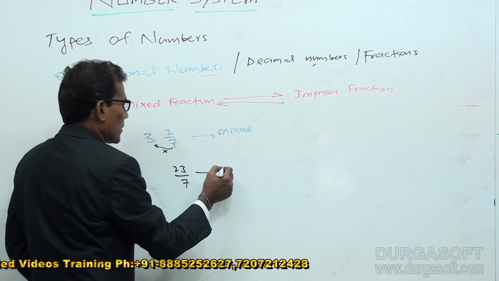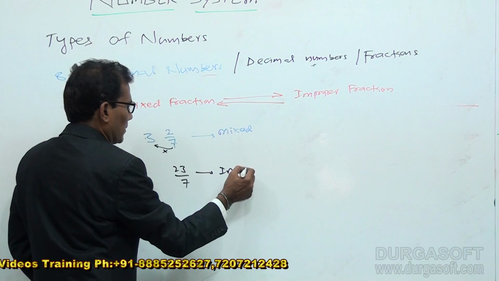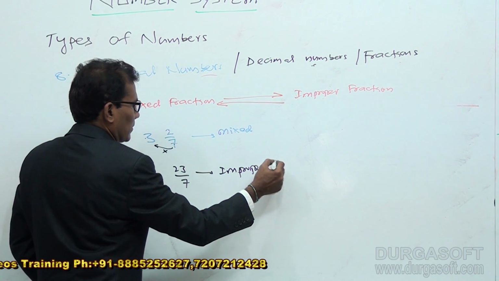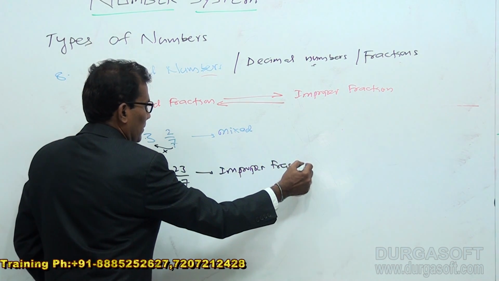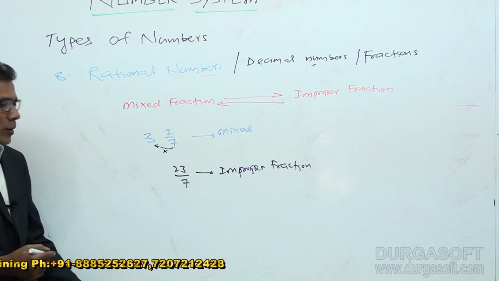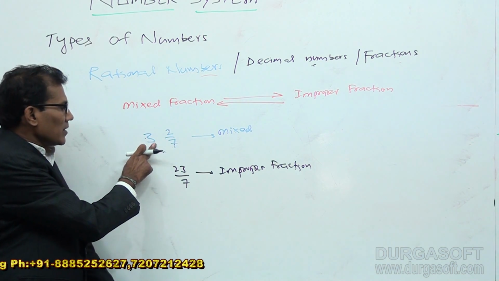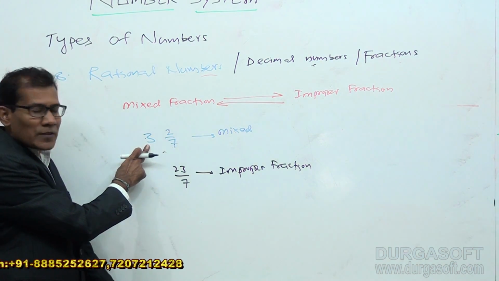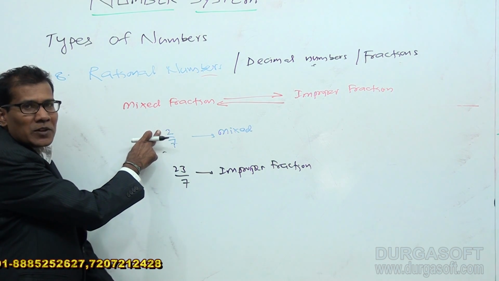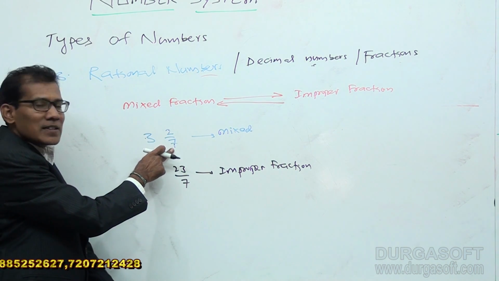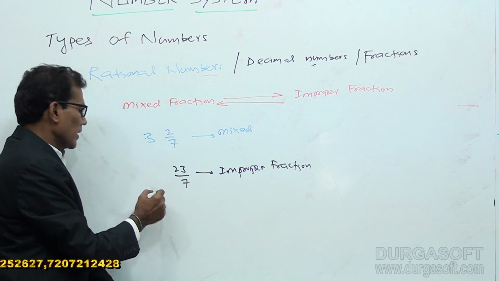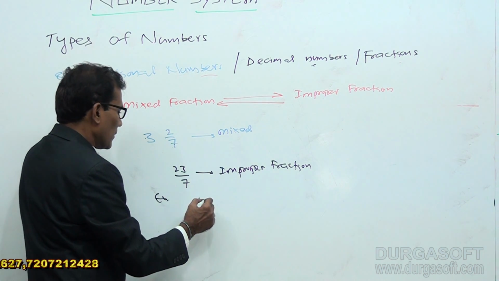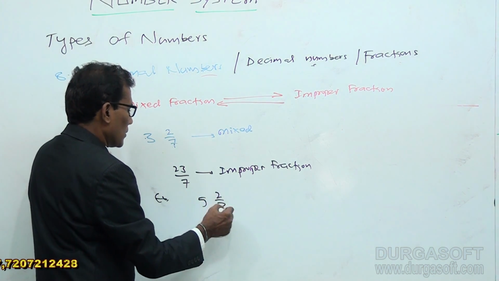This is the improper fraction. How do we operate it here? Multiply 7 into 3, 7 3s are 21, plus 2, 21 plus 2 is 23, by 7 you are writing.